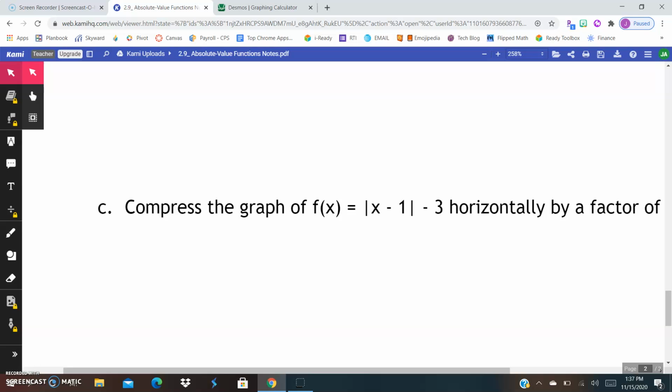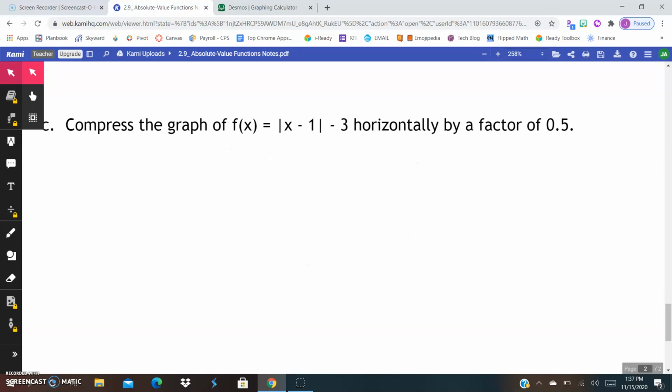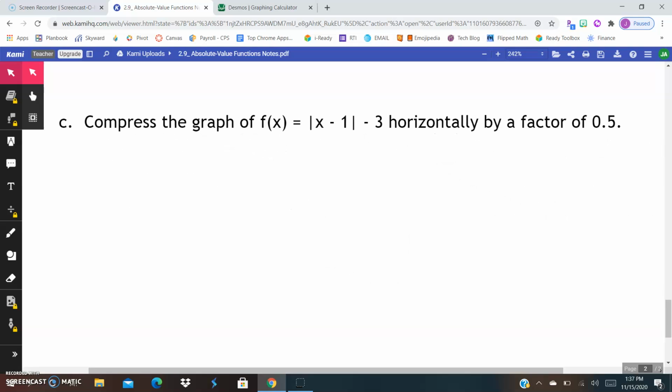And then for our last question, we are going to have to compress this by a factor of 0.5. And to compress, we only have to multiply the x by 1 over our factor.